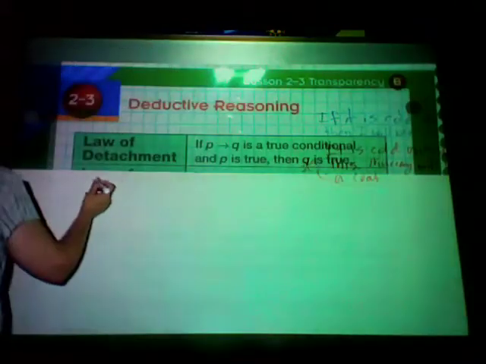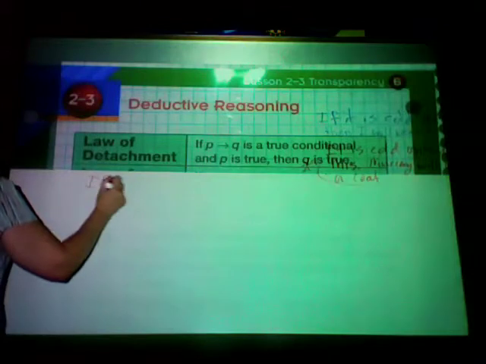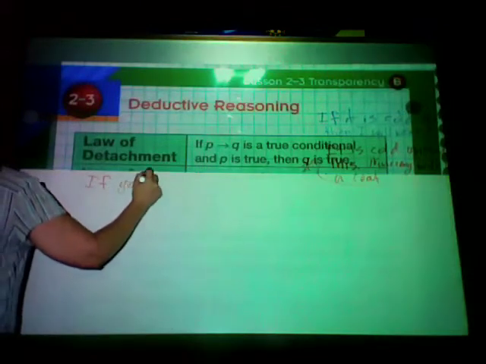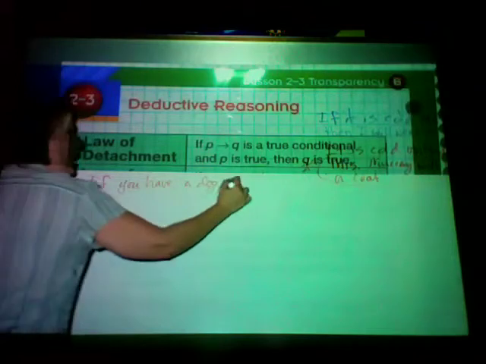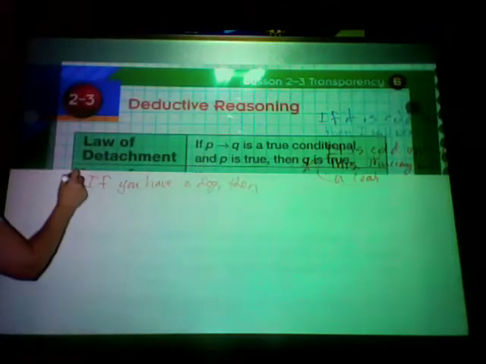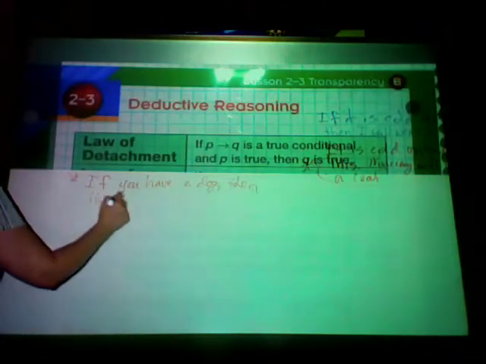What if I said, if you have a dog, then it is a mammal. There's another one. If you have a dog, then it is a mammal.